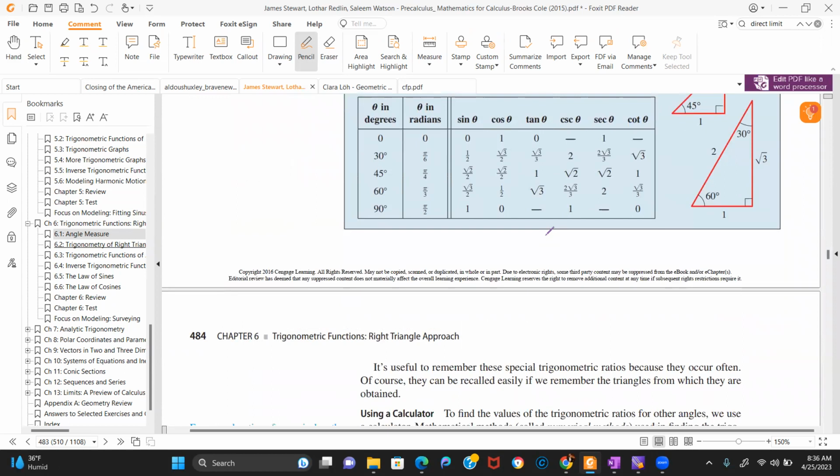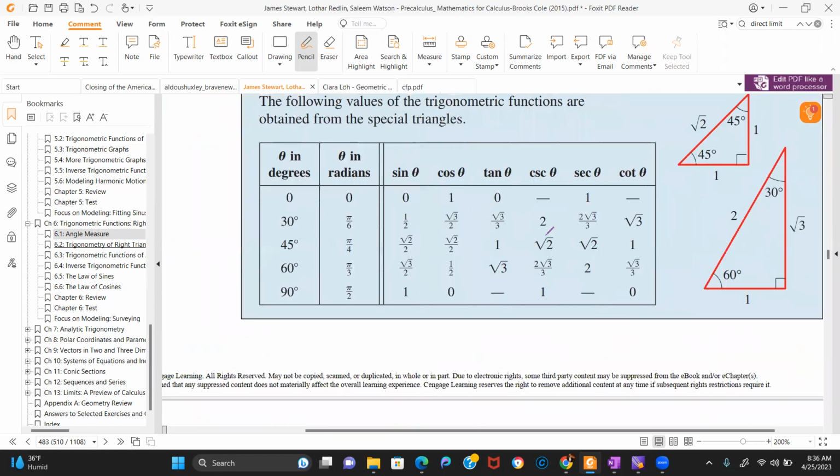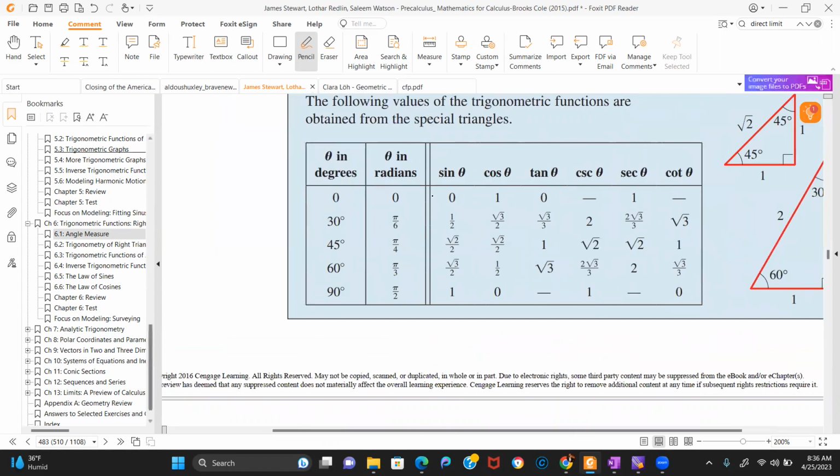Oh, this is just a useful table. This is kind of like the unit circle that I drew, and you can see the correspondence. So a 30-degree angle corresponds to pi over 6. And we know that for pi over 6, the sine is 1/2, cosine is, sorry, root 3 over 2.